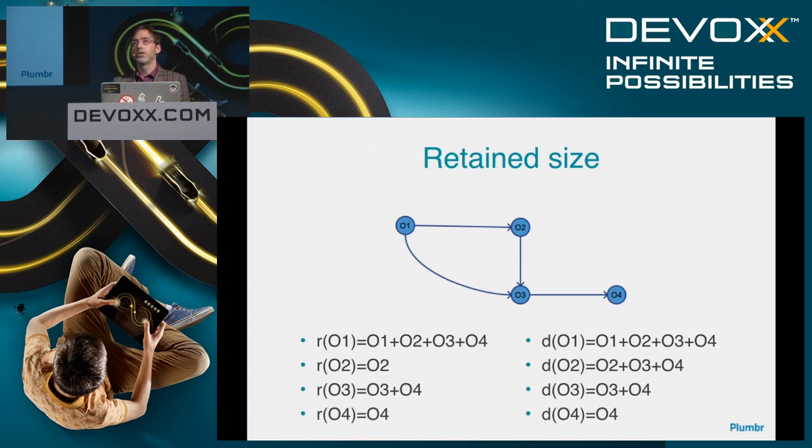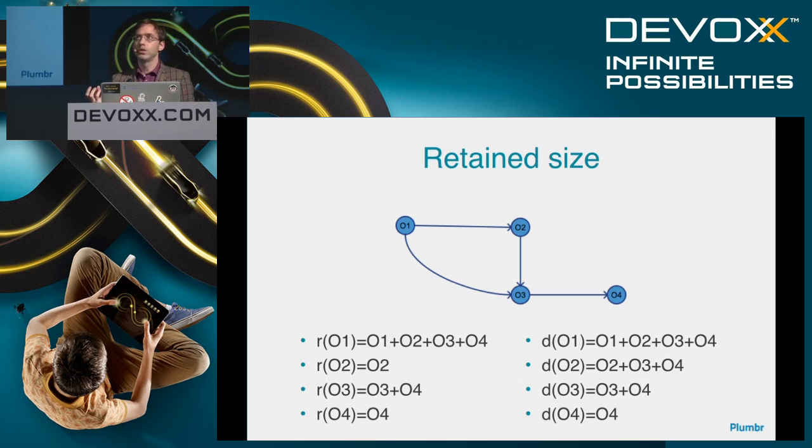We still cannot throw away O3 or O4 if O1 is our GC root, because O3 is still referenced by O1. So the retained size of O2 is just the shallow size of O2. But if you throw away O3 by breaking those references from O2 and O1, then O4 will be unreachable too. So the retained size of O3 is the sum of the shallow sizes of O3 and O4.